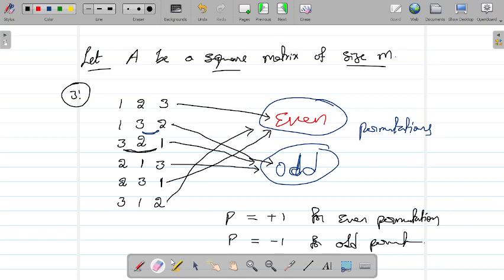Now let's do one thing. To understand this definition, let me write the determinant of a 3 by 3 matrix using this definition. Let A be a 3 by 3 matrix.